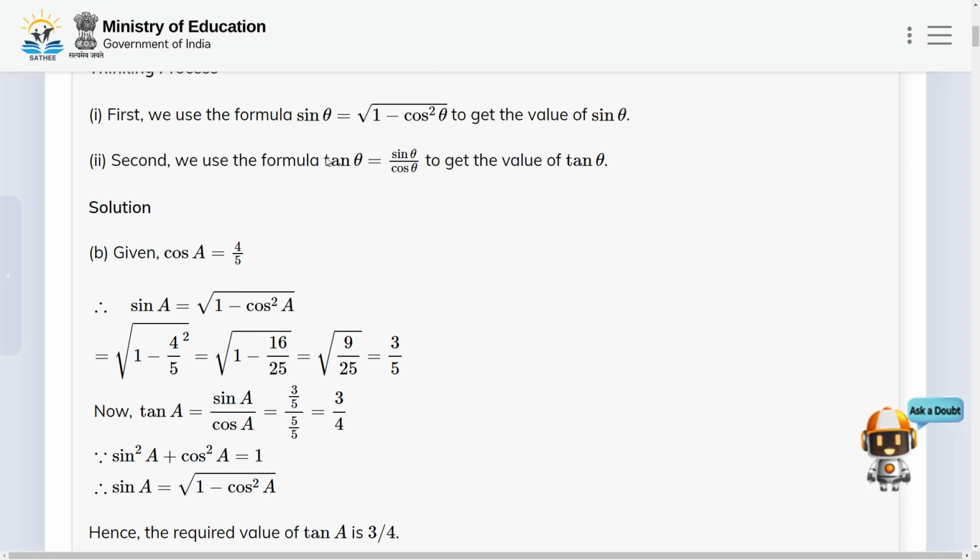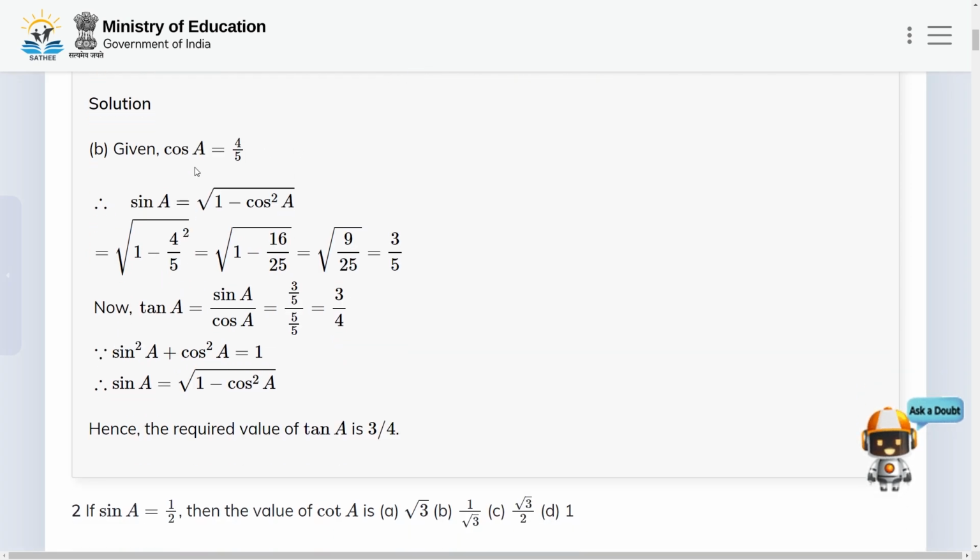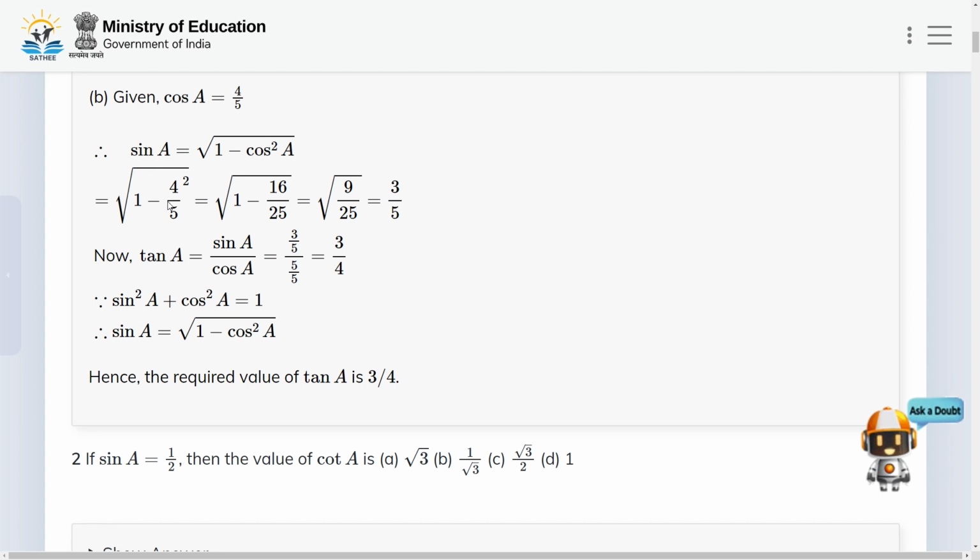Now, given in this question cos A is equal to 4 by 5. Therefore sin A is equal to square root of 1 minus cos square A, which is equal to square root of 1 minus 4 by 5 whole square, equal to square root of 1 minus 16 by 25, equal to square root of 9 by 25, which is 3 by 5.